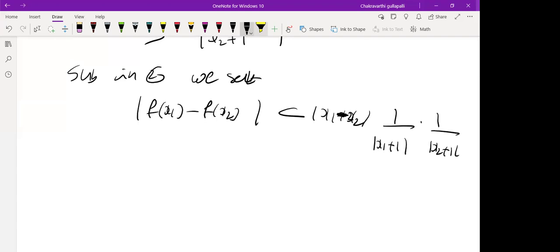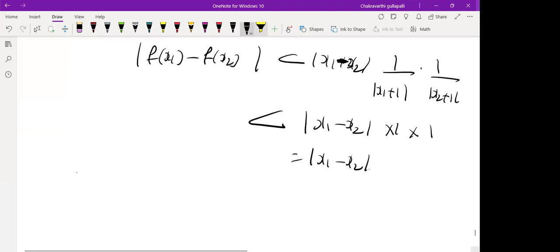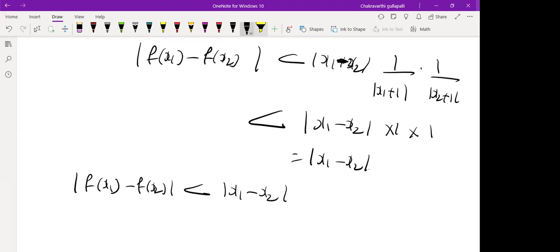Just now we have proved this is less than 1, this is also less than 1. Therefore, |f(x1) minus f(x2)| is less than |x1 minus x2|.